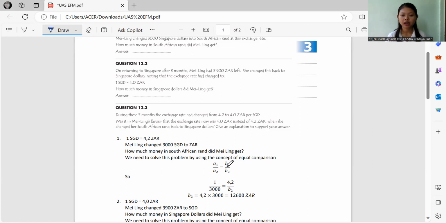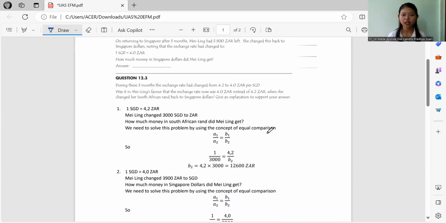The formula is A1 divided by A2 equal to B1 divided by B2. In mathematics, we can write A1 as 1 and A2 as 3,000 and B1 as 4.2 and B2 is the question.